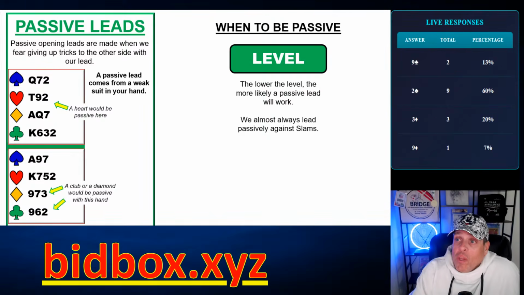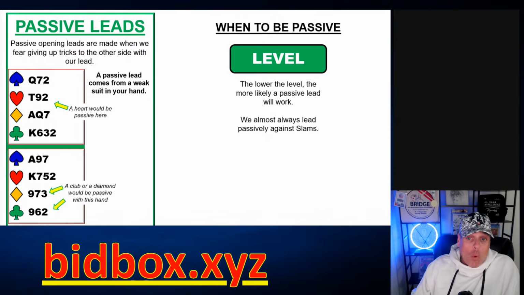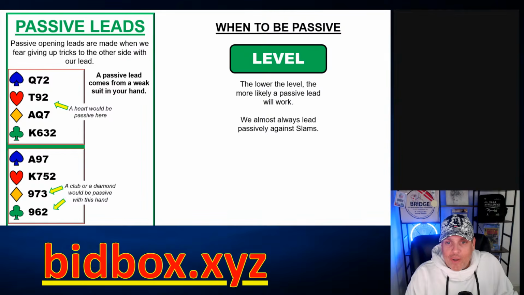Okay, so when will we be passive? Here's the first thing we're going to be thinking about: the level. The lower the level, the more time we are going to have to get in, take tricks, and make leads. And why is that okay to be passive, folks?